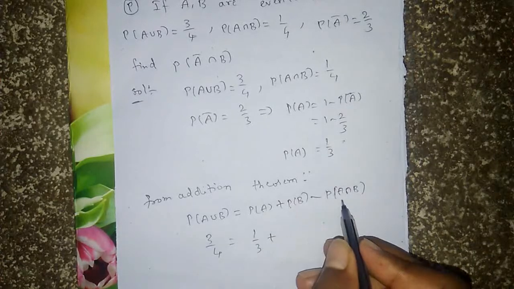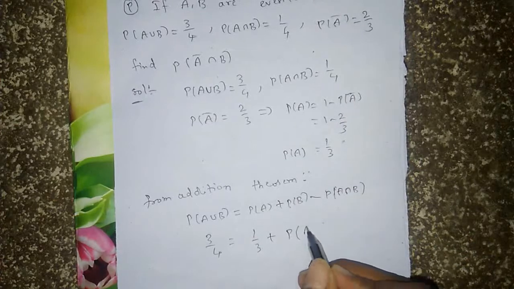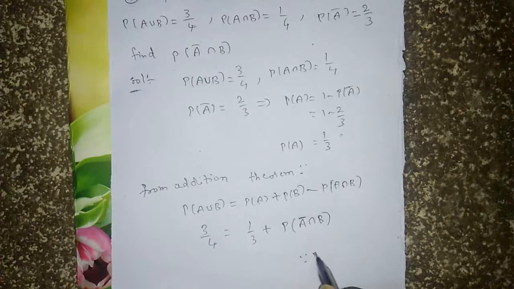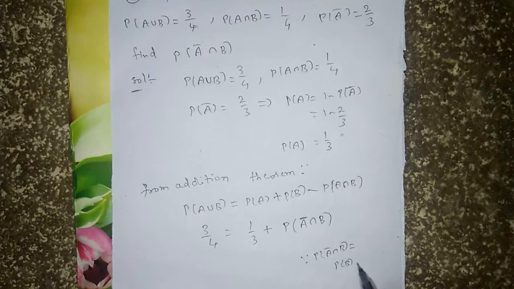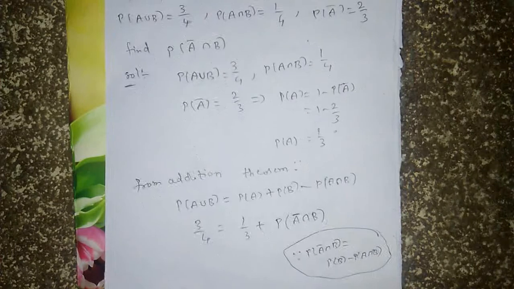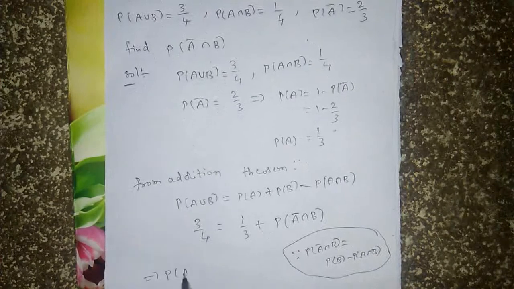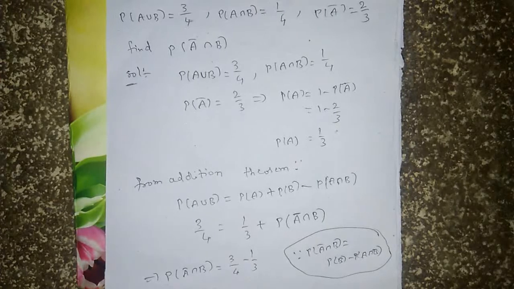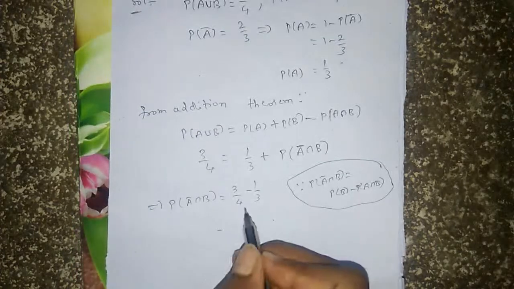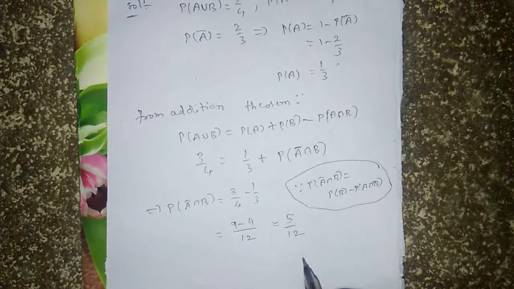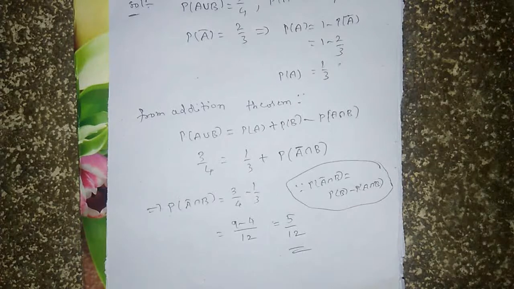Now P of B minus P of A intersection B can also be written as P of A bar intersection B. Since P of A bar intersection B is equal to P of B minus P of A intersection B, this is the formula. Implies P of A bar intersection B is equal to 3 by 4 minus 1 by 3. Taking LCM, 9 minus 4 by 12, that is equal to 5 by 12, which is the required probability.